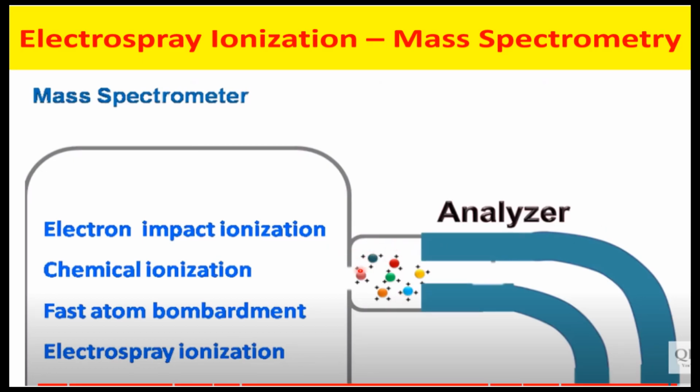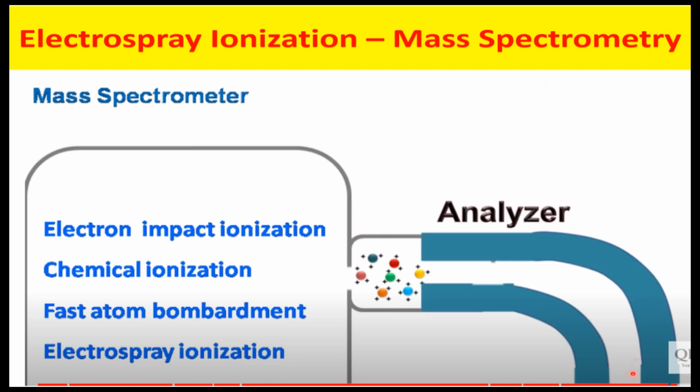See this, the very tiny ions go on to the analyzer part, and the analyzer analyzes it on the basis of mass and charge ratio. Always remember, the smaller the ions, the greater will be the charge intensity, and so they will fly faster onto the detector than the bigger ions.